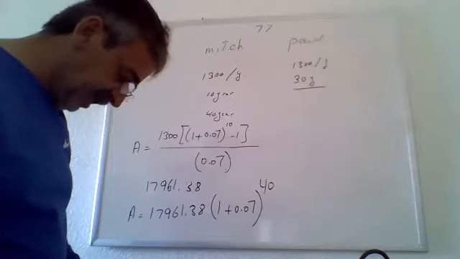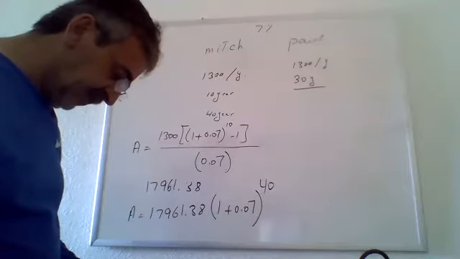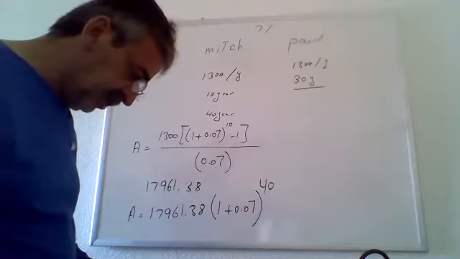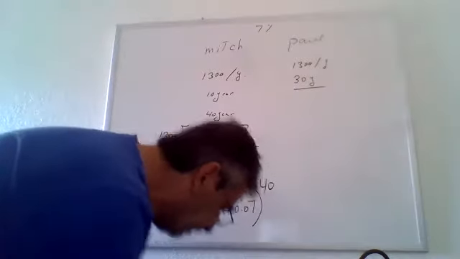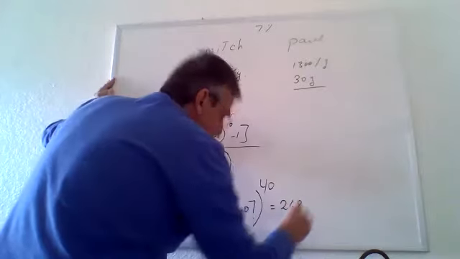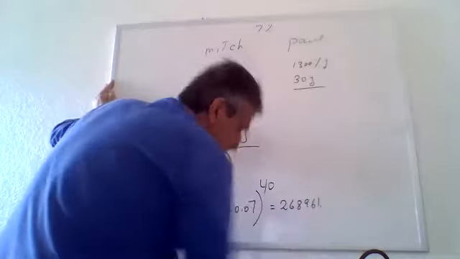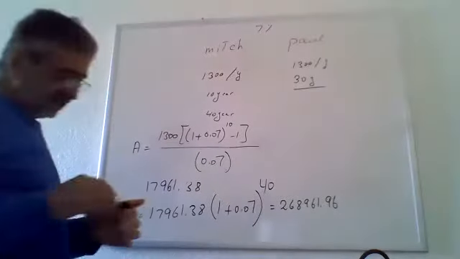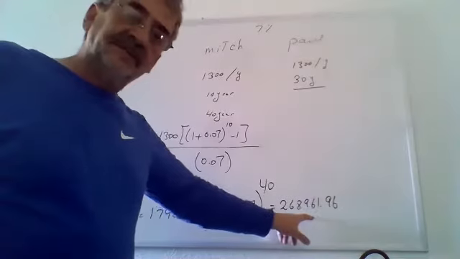So if I multiply it by 1 plus 0.07 to the power 40, I should get $268,961.96. So this is how much Mitch had after 50 years.